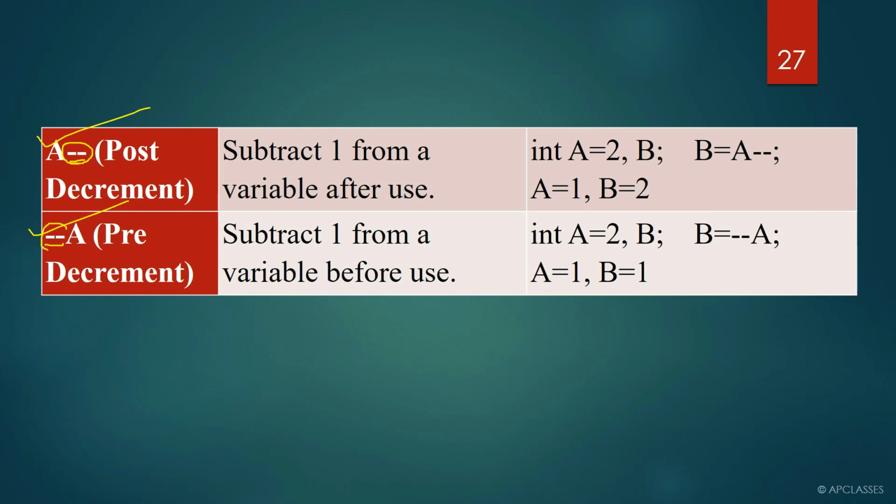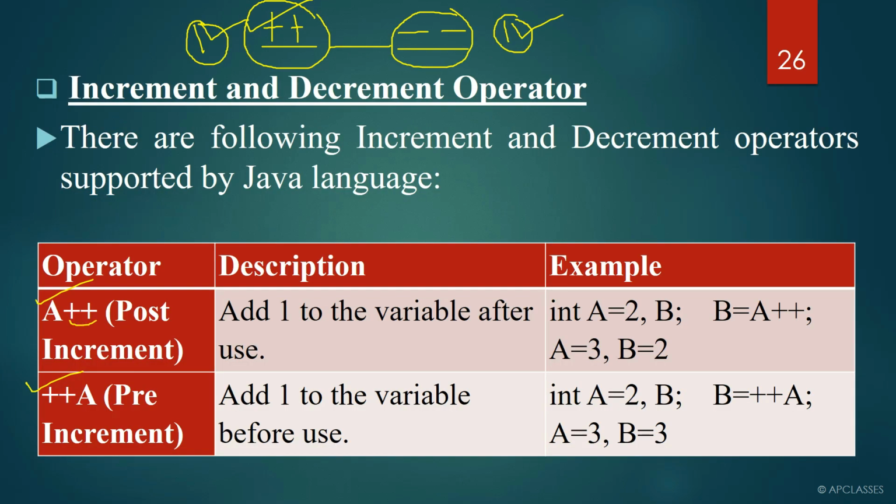When it is used before the variable, it is called pre decrement. Similarly, when plus plus is used after the variable, it is called post increment, and when plus plus is used before the variable, it is called pre increment.